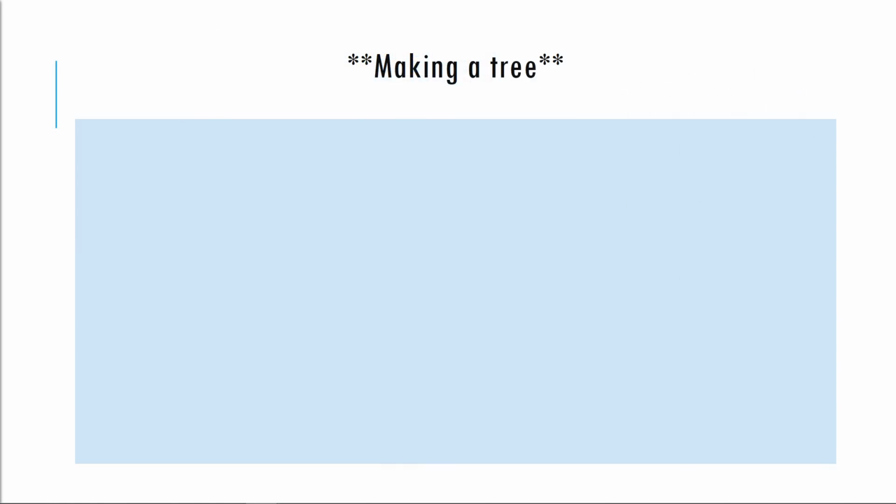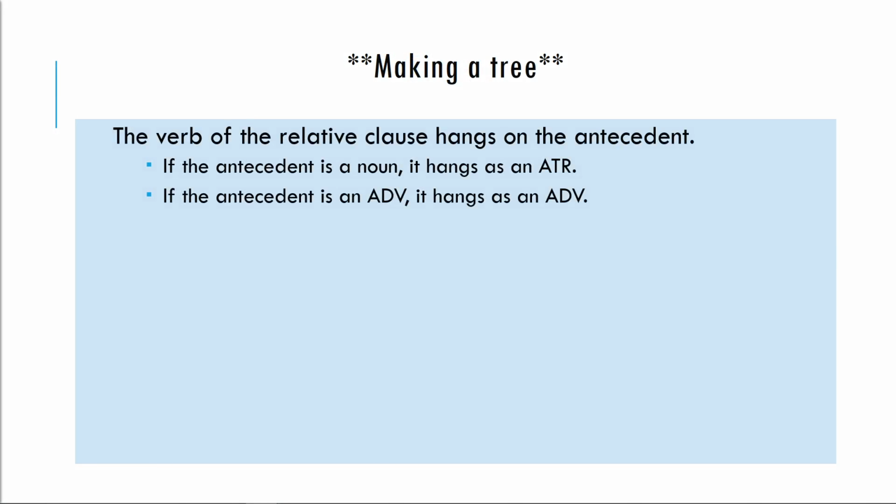Now, how do you make a tree with a relative clause? Well, the relative clause hangs like a normal clause in that you make a sort of subtree out of it with nouns and objects and adverbs and all. You can have subordinate clauses and everything. But the verb of the relative clause hangs on whatever word is the antecedent.